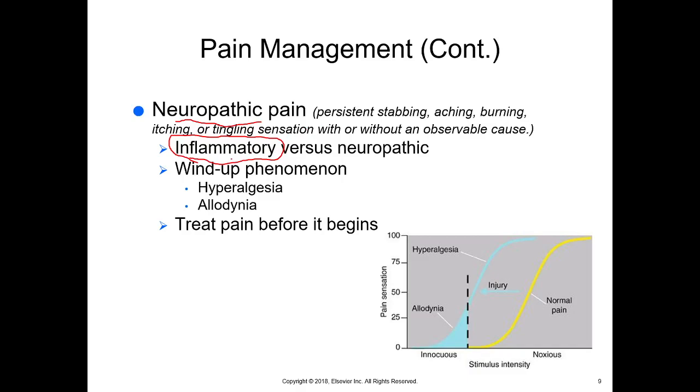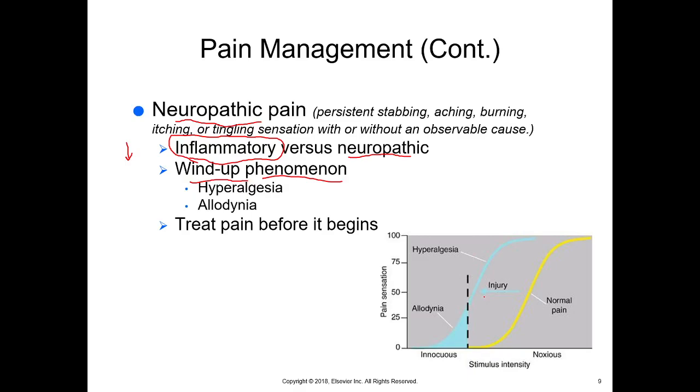So if it is inflammatory and we decrease the inflammation, we're no longer stimulating the neuropathic pathway, and that should relieve some of the pain. Now the issue is that sometimes with the neuropathic pathway, we get what's called a wind-up phenomenon. So the neuropathic pathway, without any inflammation, will act on its own.